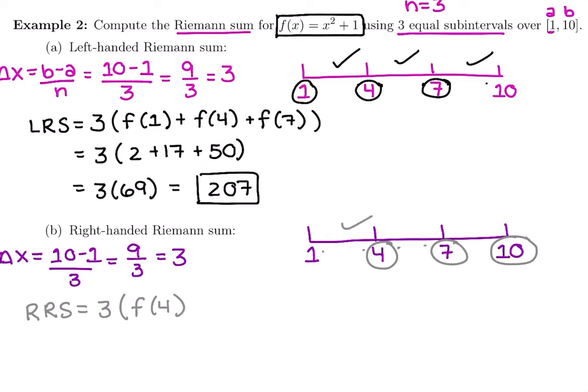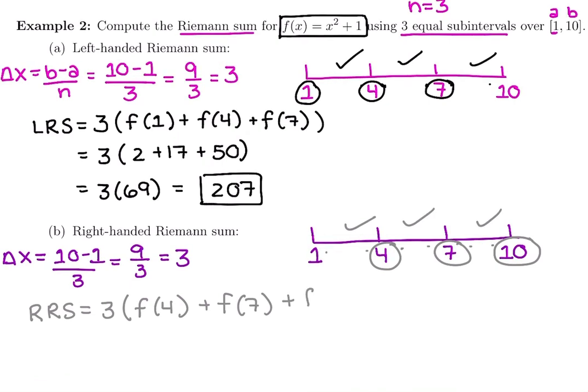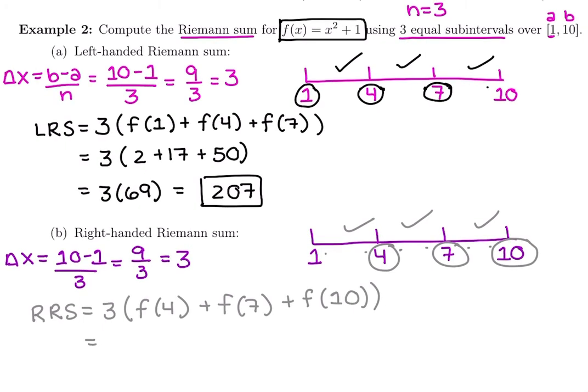Next box between 4 and 7, the right-hand height is 7 for that box. And then your third and final box for 3 subintervals is between 7 and 10, and the right-hand height is 10. Whichever way makes more sense to you is totally fine with me if you want to use the circling method or the checking off the boxes method.